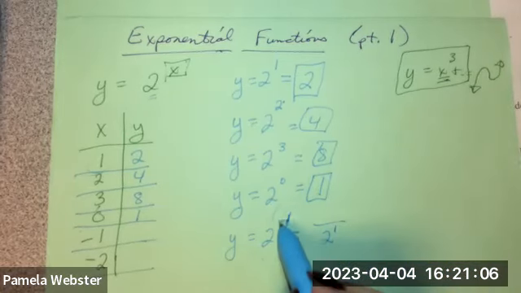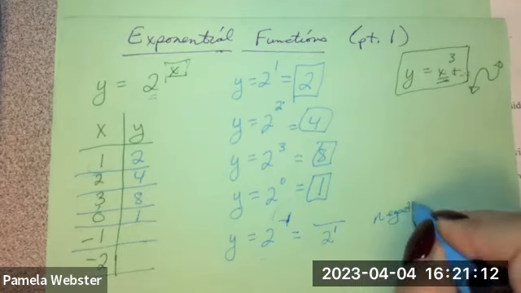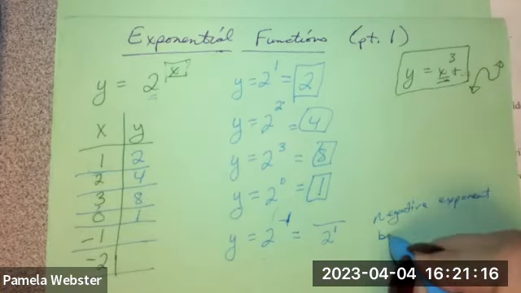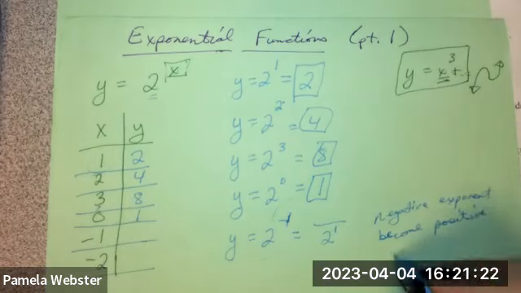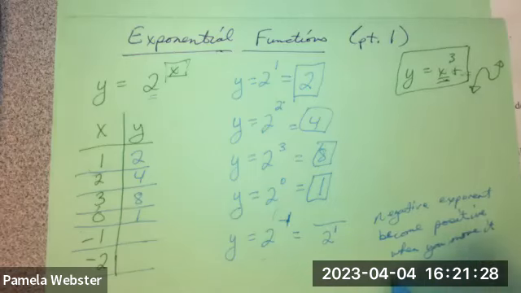And when I do that, this negative, when it goes to the bottom, that negative exponent becomes a positive. Negative exponents become positive when you move it to the denominator.